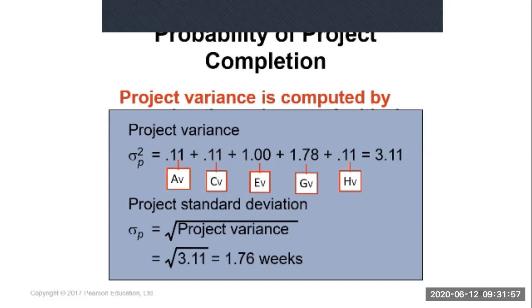So the project variance is 3, and the standard deviation is plus or minus 1.76. Quite high. The variation of 3 weeks from the 15 weeks, you can say is a little bit high, but it's okay. You don't have to interpret this variance, because it is used in another calculation.